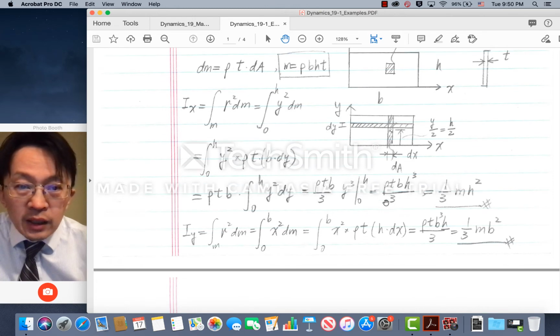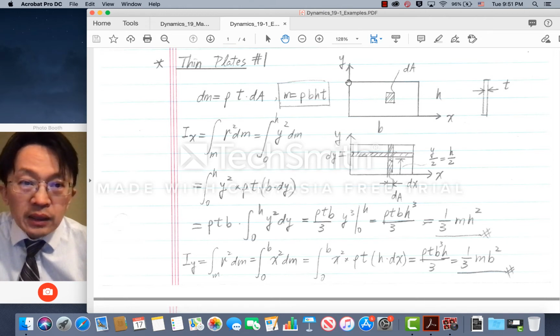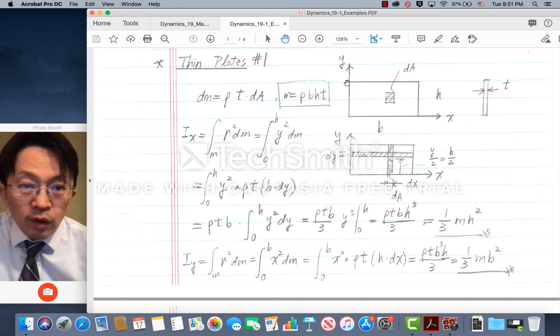In finding the mass moment of inertia, it is customary to represent the value in terms of total mass. In this case, the total mass of this rectangular thin plate is simply the volume times the density. And the volume of this thin plate is just b times h times t.